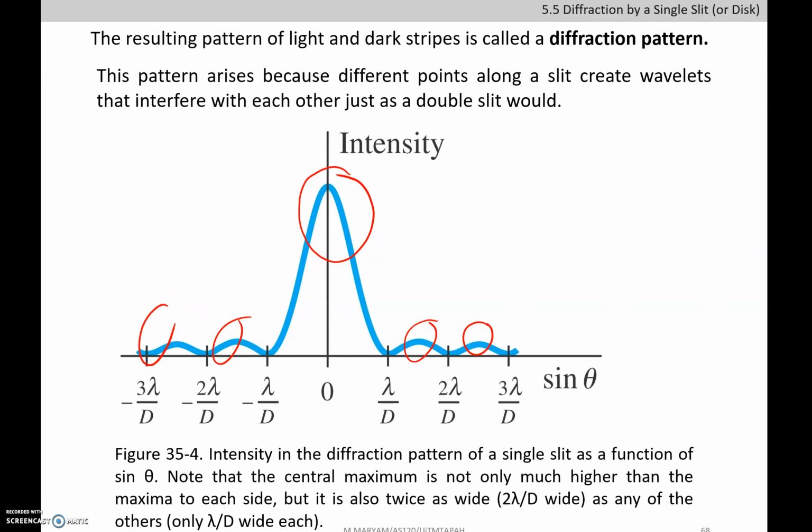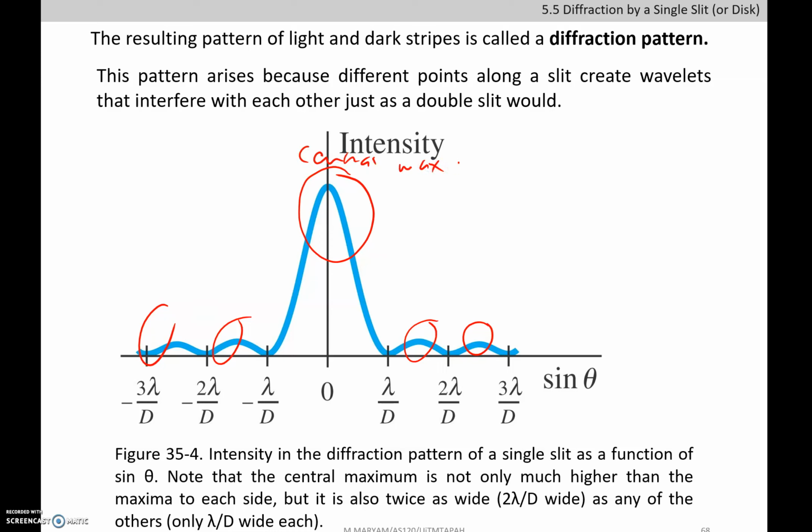So now how do we know which one is your order? The center here, we call it central maxima. Do not take the order.